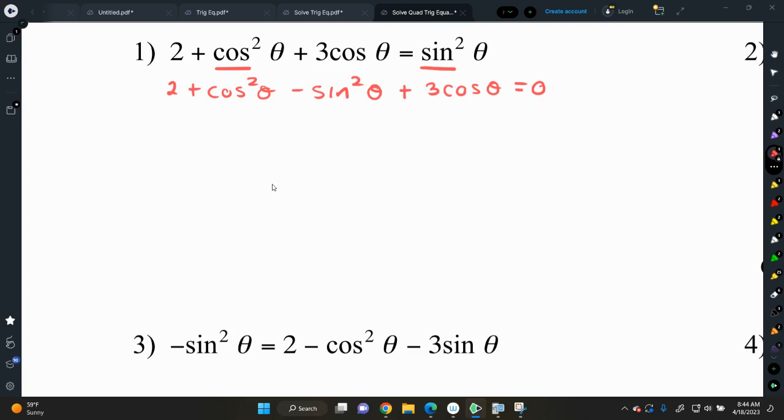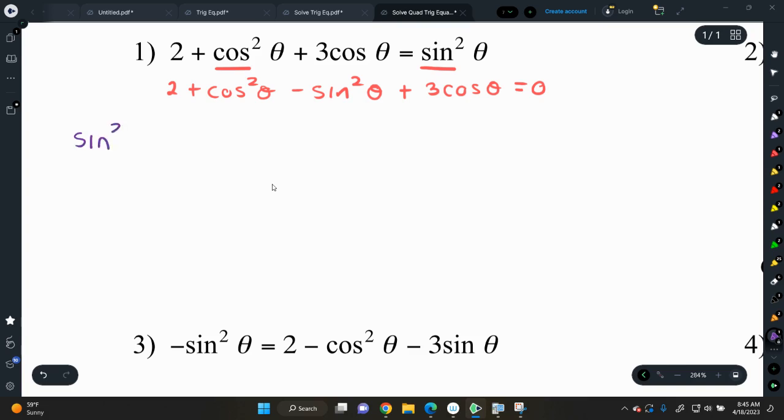This would be no problem if everything was a cosine. How can I deal with that sine squared? What do we know about sine squared? Yeah. Sine squared plus cosine squared equals 1. Excellent. I'm just going to work over here to the side: sine squared plus cosine squared equals 1.